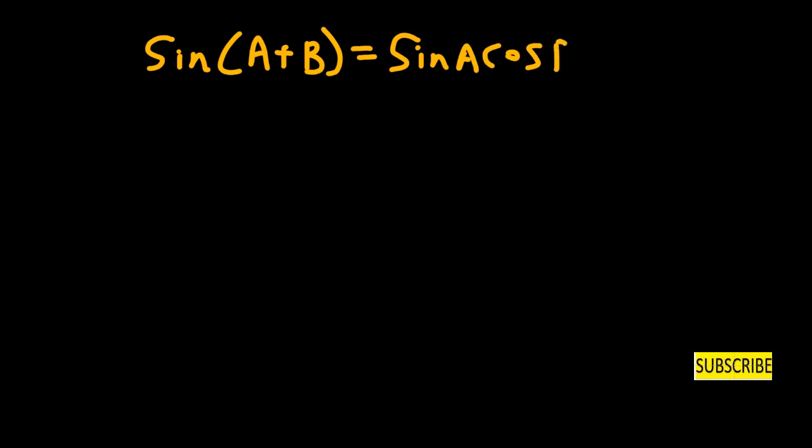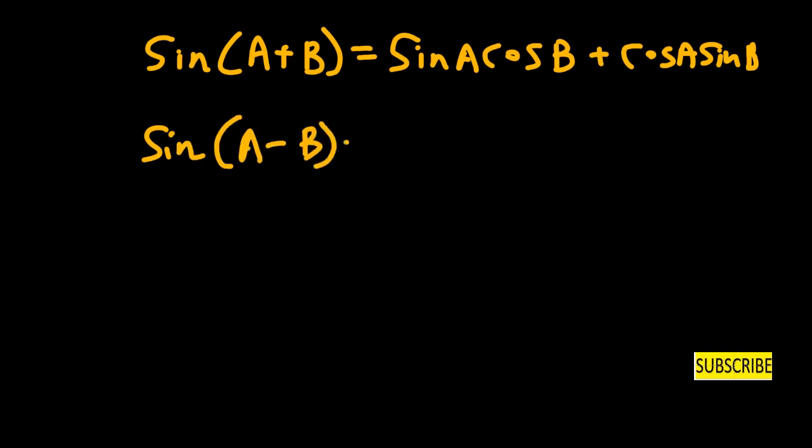Sine A plus B equals sine A cos B plus cos A sine B. Also sine A minus B equals sine A cos B minus cos A sine B.